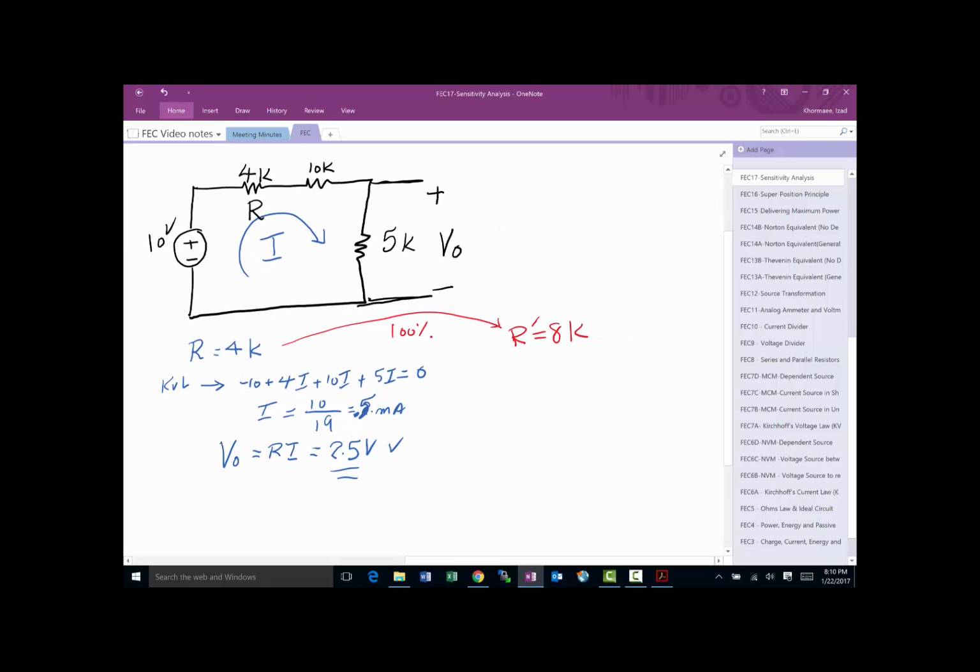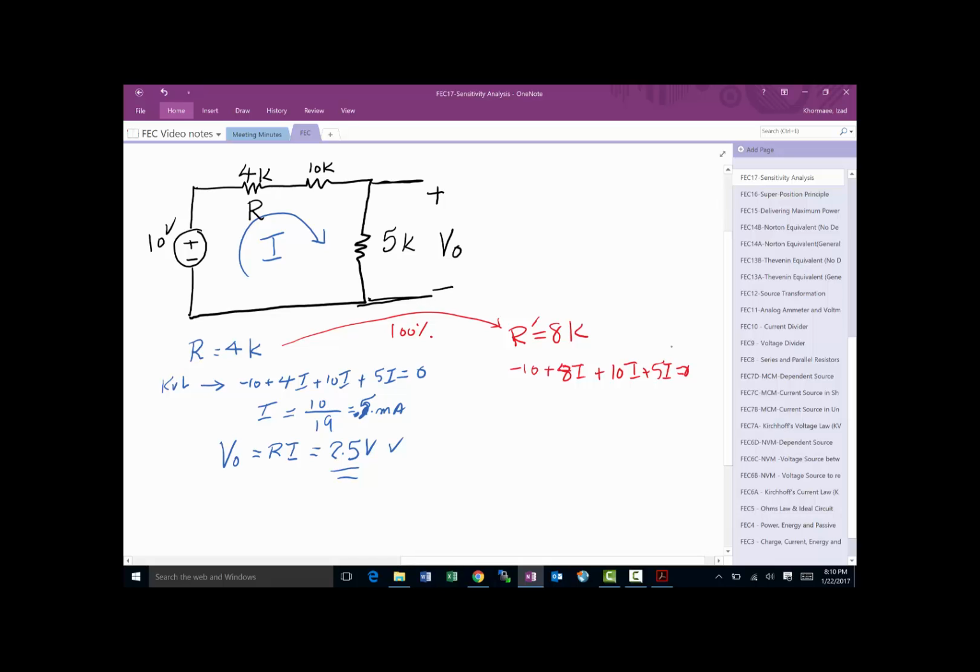So if this is 8K, then I can use the KVL equation again. This time I'm going to have minus 10 plus 8i plus 10i plus 5i equal to 0.